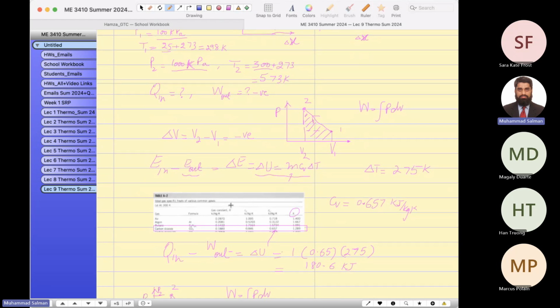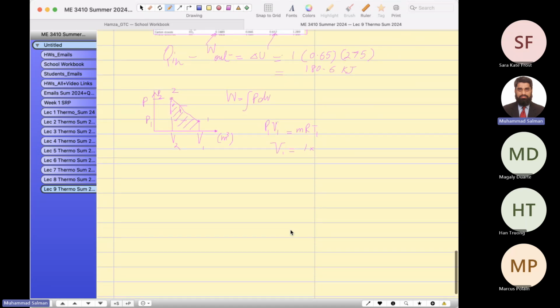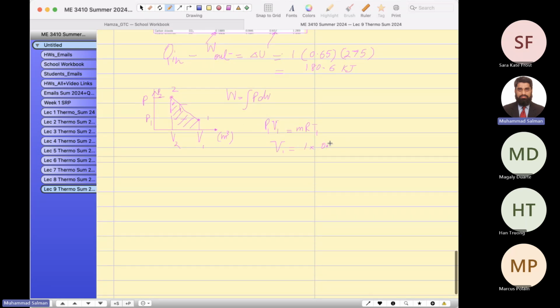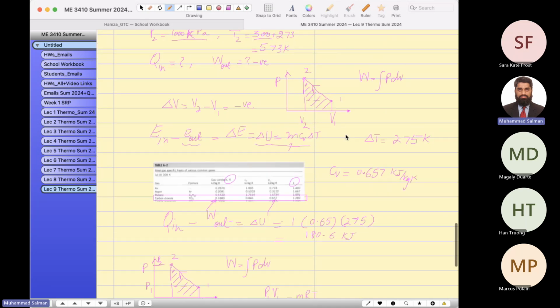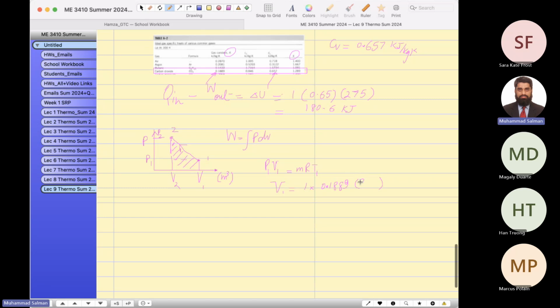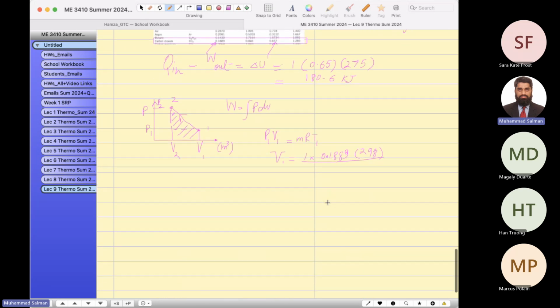And R is a little blurry. 0.1889. So let me write down 0.1889. And initial temperature T1 is 298. Okay, guys, 298. Please open your calculators and help your professor. P1 is 100 kilopascals.